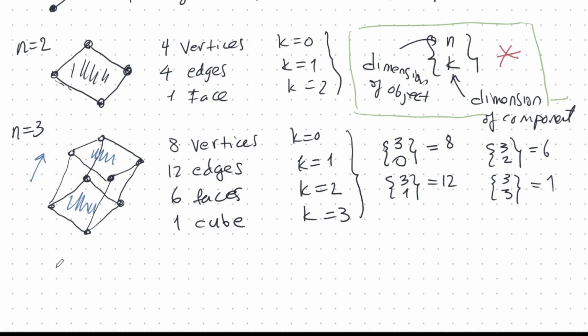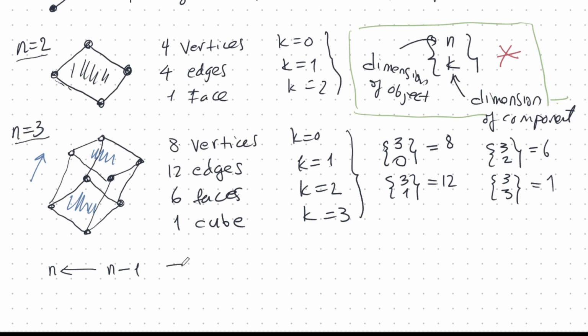Now, notice that I was able to construct the nth dimensional object from the n-1 dimensional object. You see, from the n is 2 dimensional square, I was able to construct the n is 3 one just by taking the square and kind of moving it and connecting the vertices.